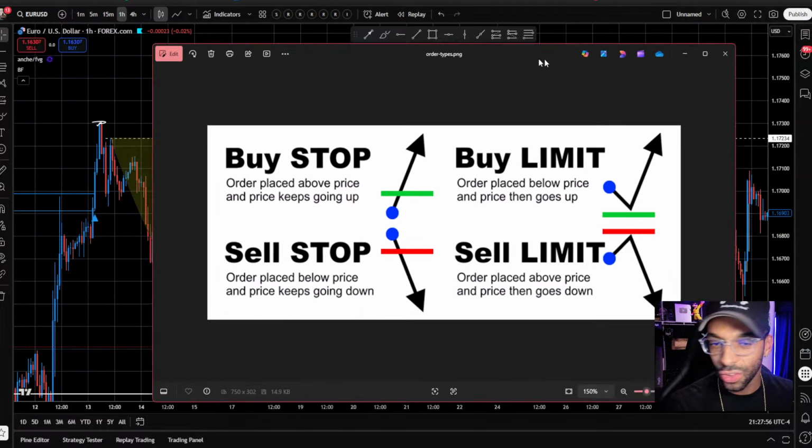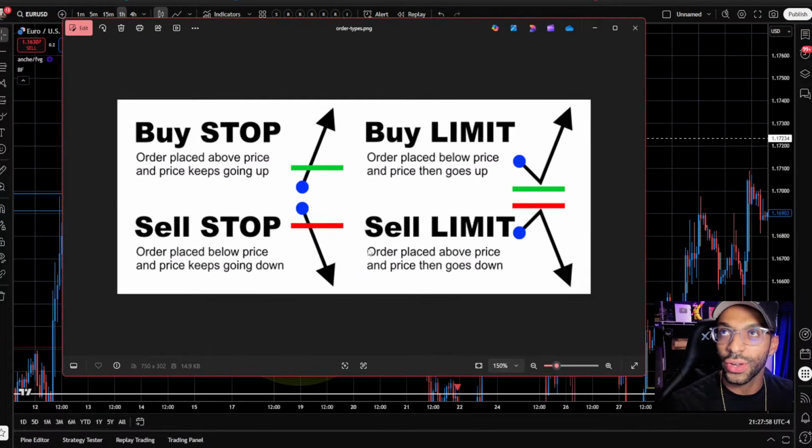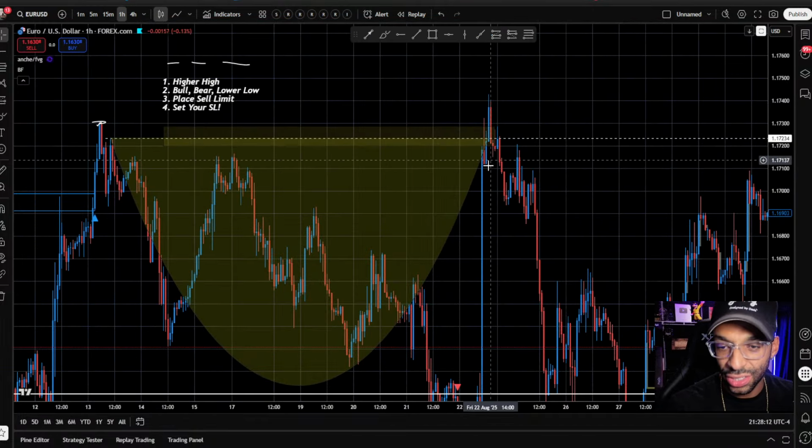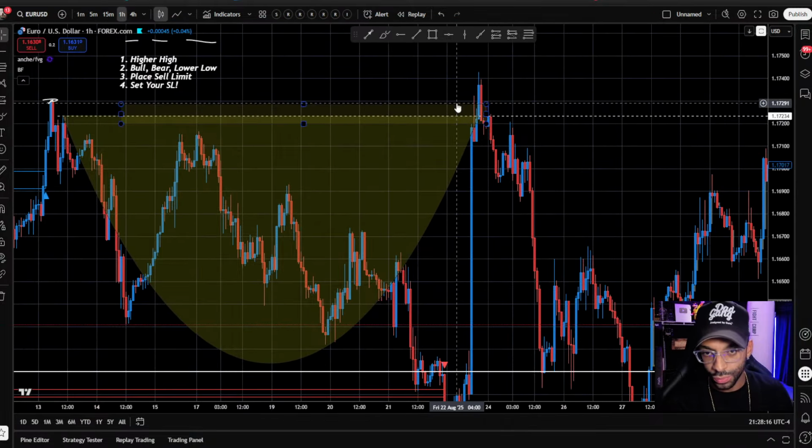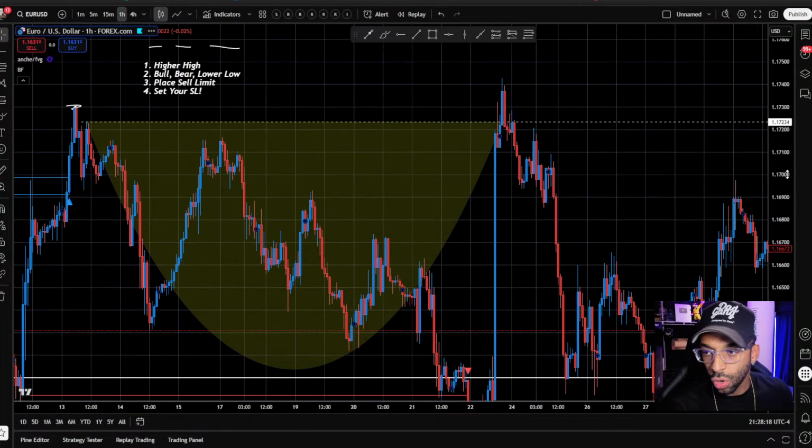One more time, I'm going to put the sell limit on there so you guys can see that. We're looking for the markets to come down. We place the sell limit for it to come back up to the price, bounce off the price and drop down. Once it drops back down under the price, the markets will automatically enter us into that trade. Does that make sense to everybody here? Okay, cool.